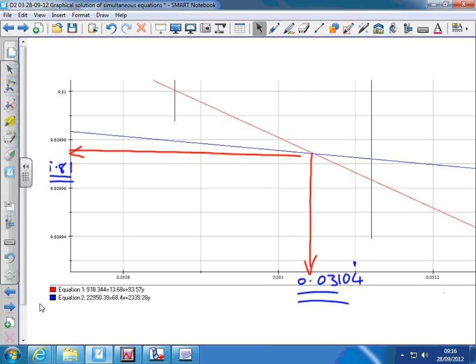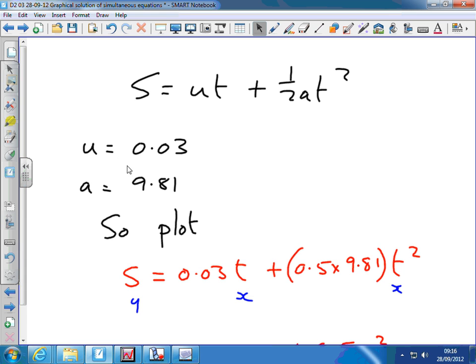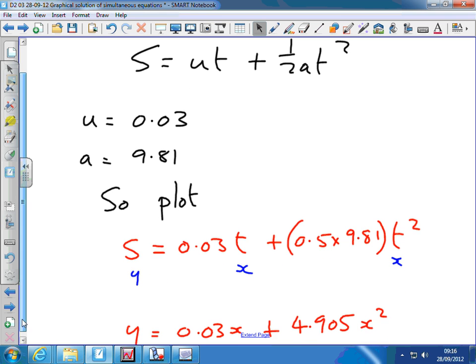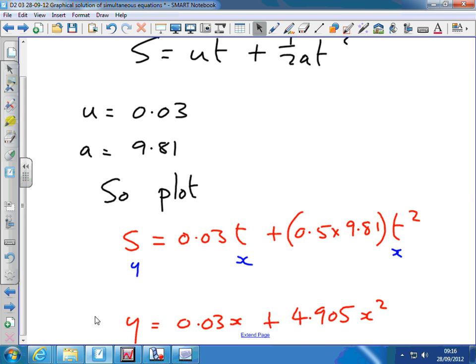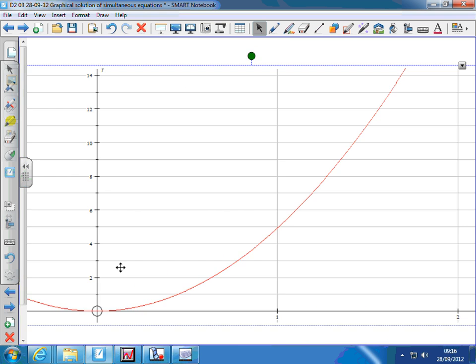Once we've got u and a, we put those values back into the original function so that we can then plot the original variables. So now we've got the dependent variable, which is the displacement, plotted against the independent variable, which is the time, with the constants now put in, simplified where possible to give us that. And then we plot it on Autograph, and there's our final thing.